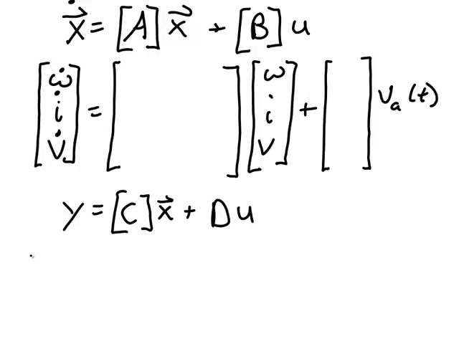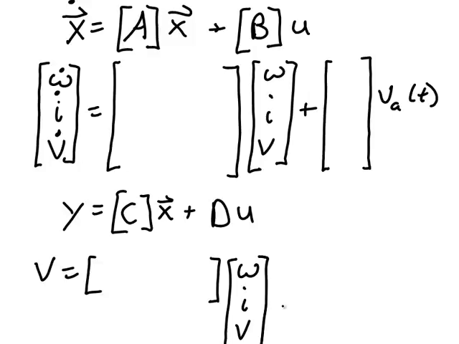Our Y, which is the output, is V, and then we have a row vector that's being multiplied by our state vector of omega, I, V, plus some value here times U, which is our input, VA of t. So now let's look back at our equations and see what we can fill in.